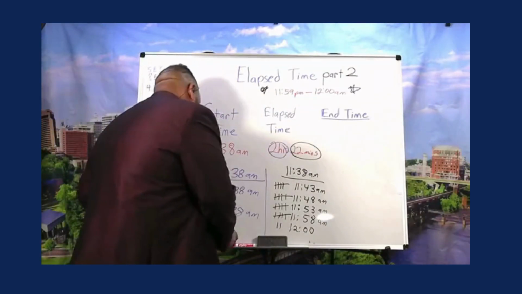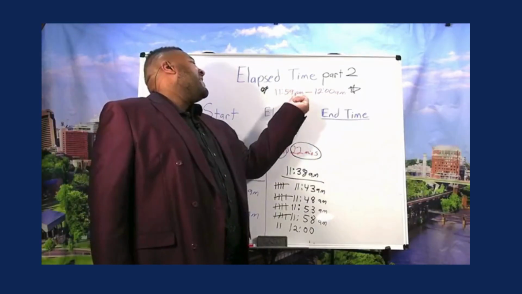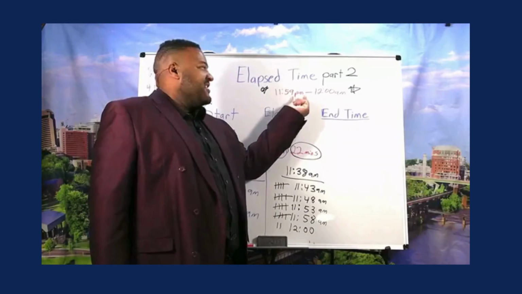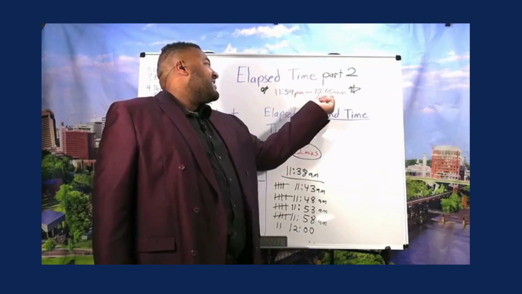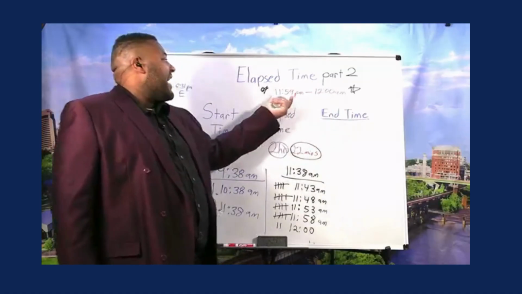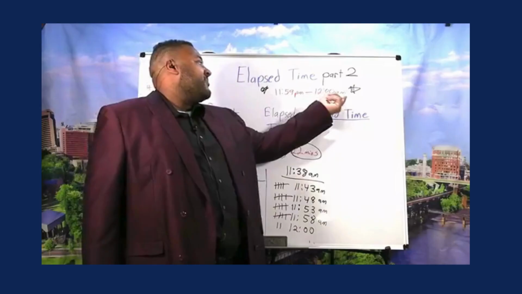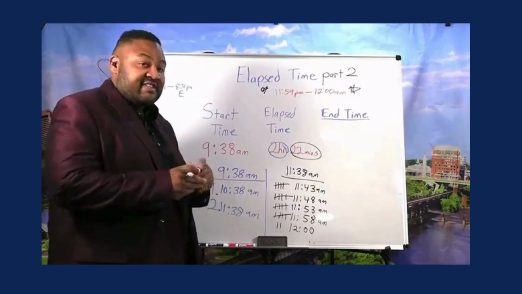Let's go back to our rule that we talked about. At 11:59 p.m. to 12 o'clock, it changes to a.m. At 11:59 p.m., it changes to 12 a.m. On the other side, check this out.